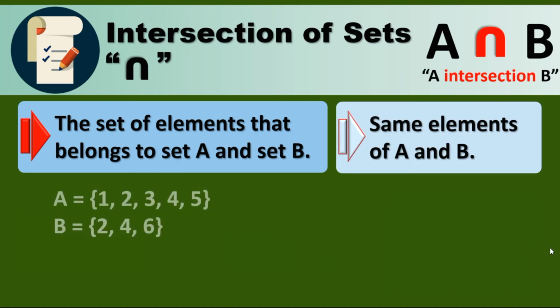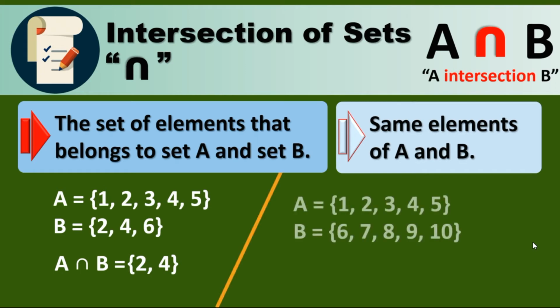Another example. If A is the set that contains 1, 2, 3, 4, and 5, and B contains 2, 4, and 6, what is the intersection of A and B? Same elements? The first element is 2 and the other one is 4. So therefore, A intersection B is the set that contains 2 and 4.